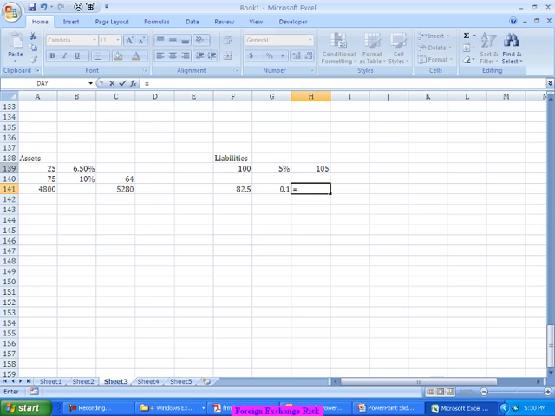So overall, how much did I get? 25% of my money fetched 6.5% return, plus 75% of my money fetched 10% return. So overall, I got 9.125%. From my loan, I have to pay only 5%. So 4.125% is my net profit in the whole transaction.